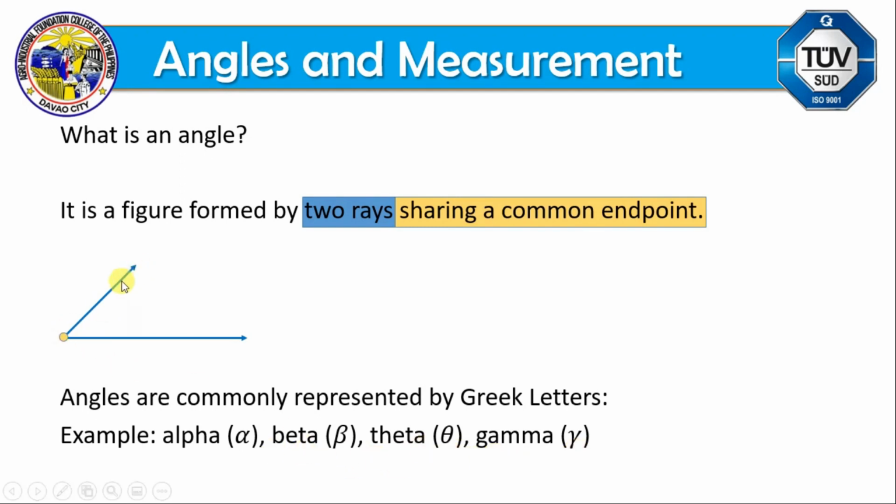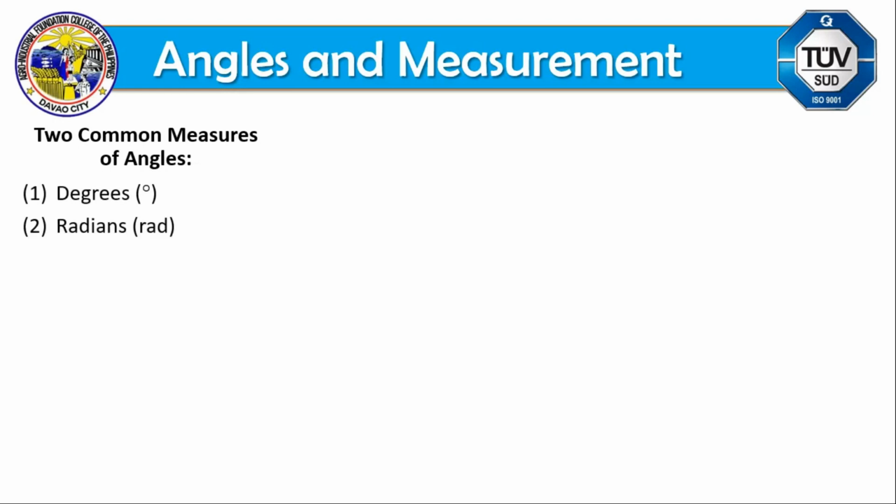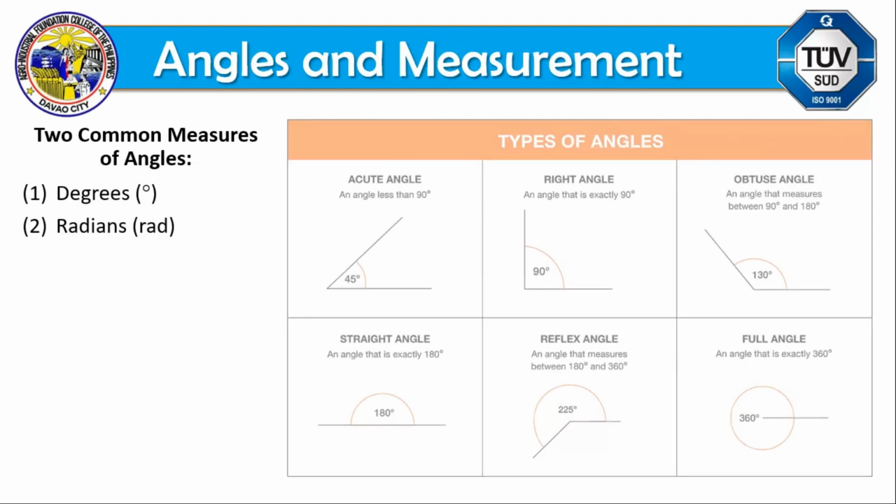For example, this particular angle, we can name angle theta. Now, there are two common measures of angles, or two common units of measurement: degrees and radians.